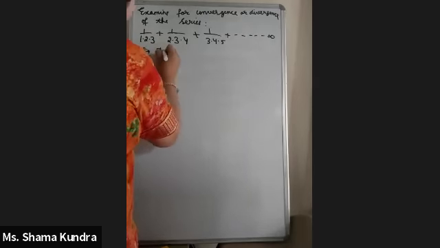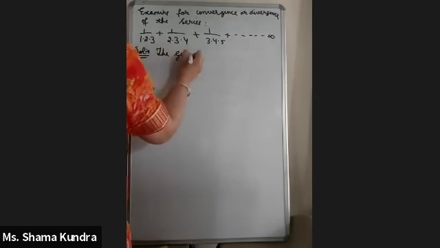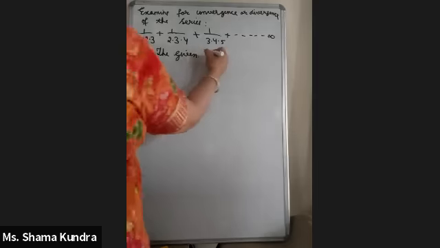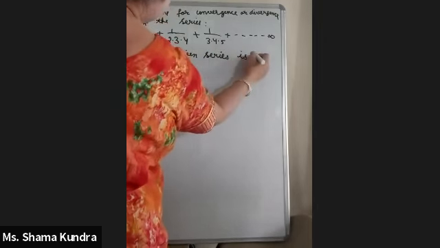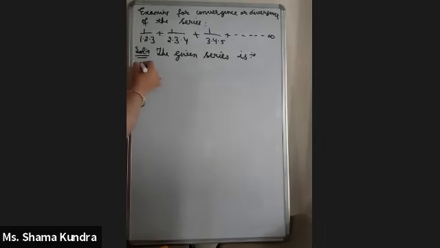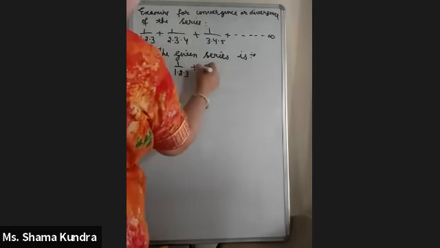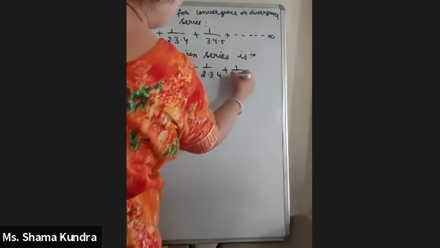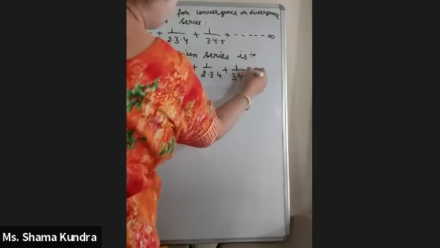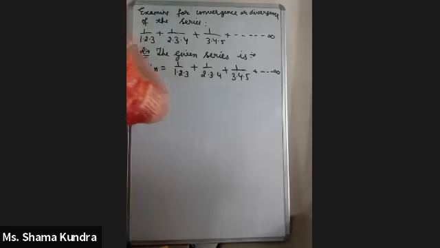The given series is summation Un equals 1 over 1 into 2 into 3, plus 1 over 2 into 3 into 4, plus 1 over 3 into 4 into 5, plus so on till infinity. Remember one thing.